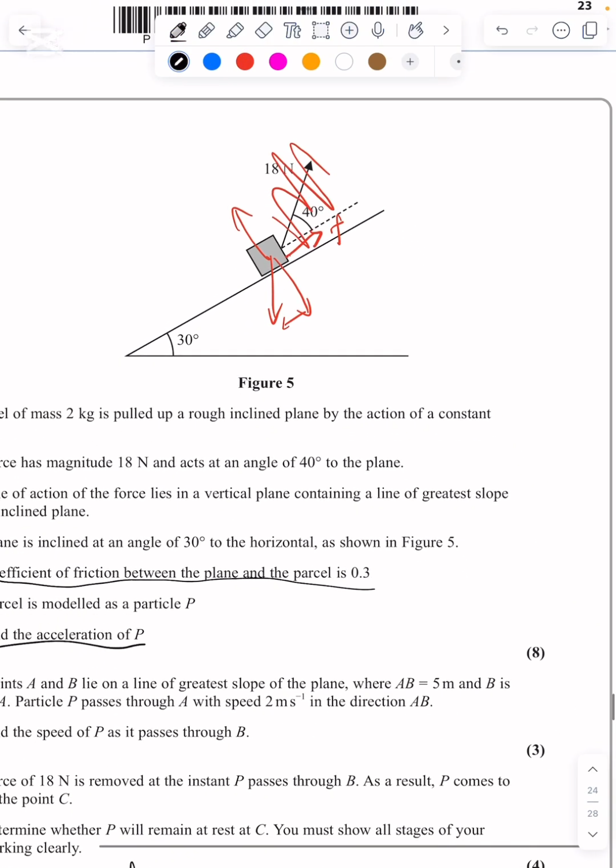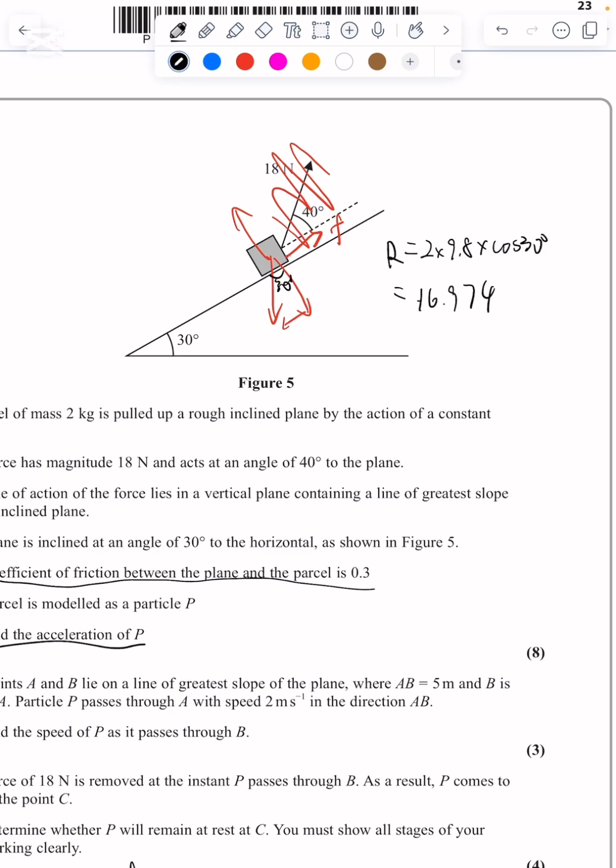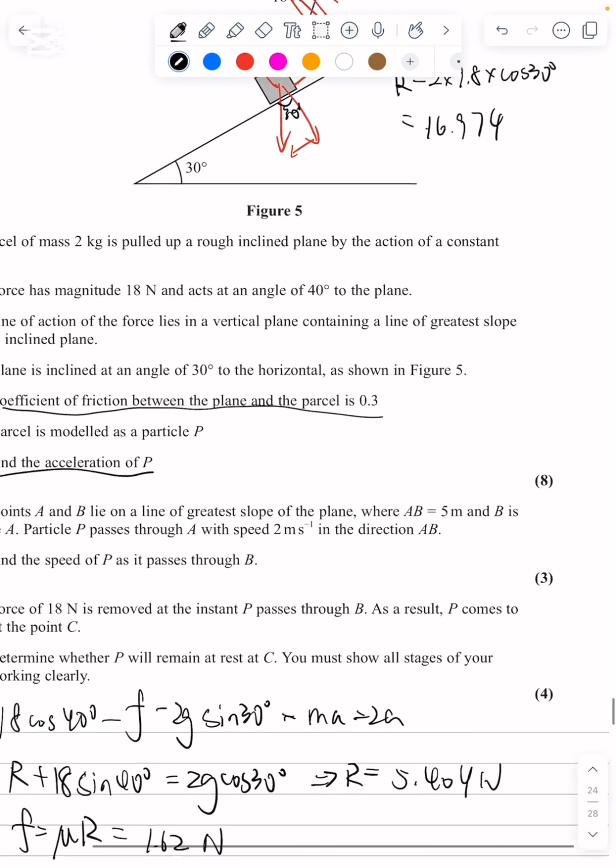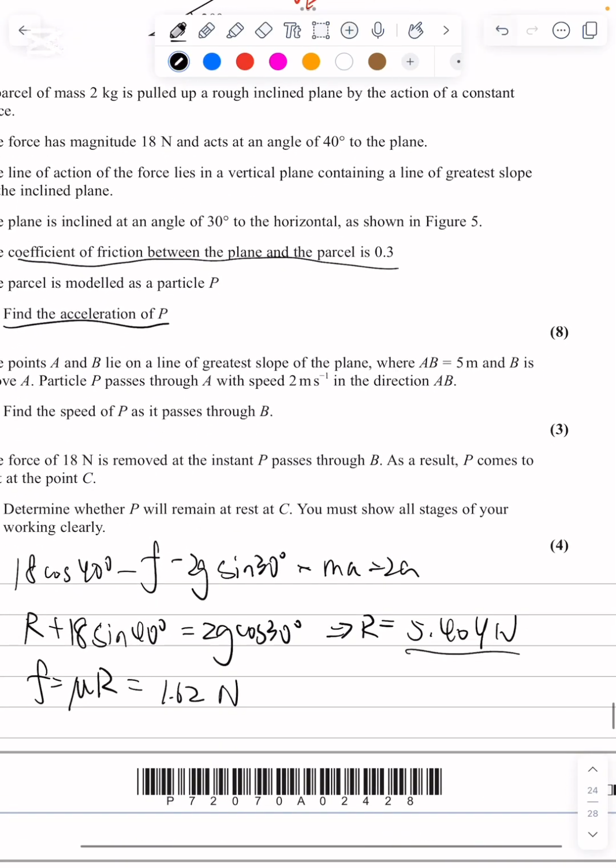So here, R must equal 2 times 9.8 times cosine 30 degrees, which is 0.974 or around that area. So you will see that R is much larger, right?